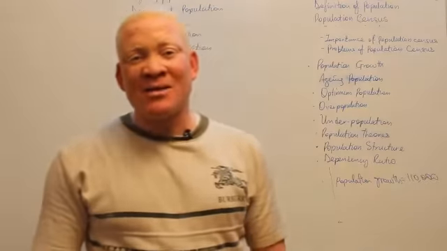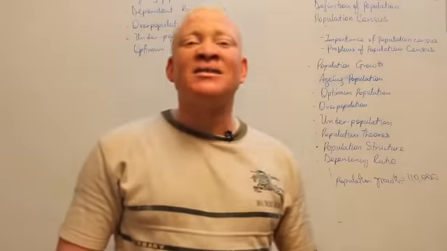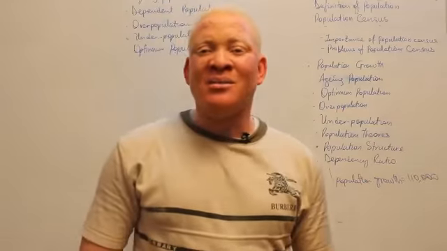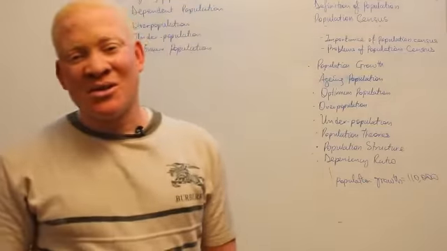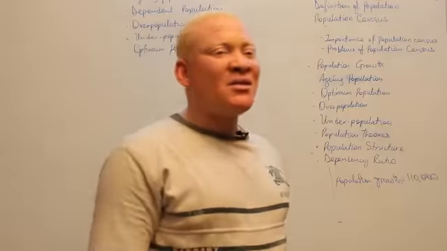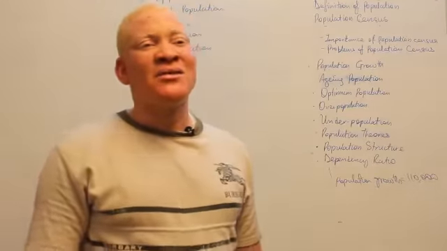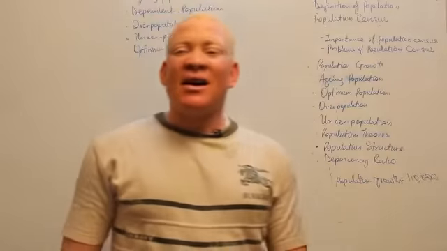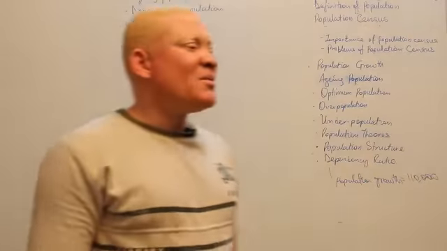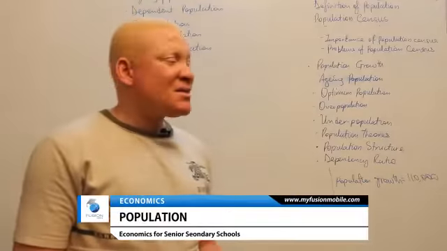The active part of the population are those that are still productive, that are willing, that are able to work, that are earning income or doing one form of production or the other. But the dependents are made up of the infants or the younger ones that are not up to school leaving age and the elderly ones. When you combine the two of them, you have the total dependence.